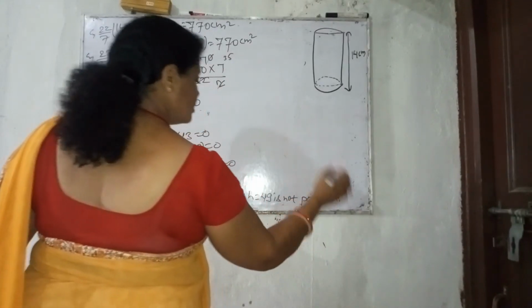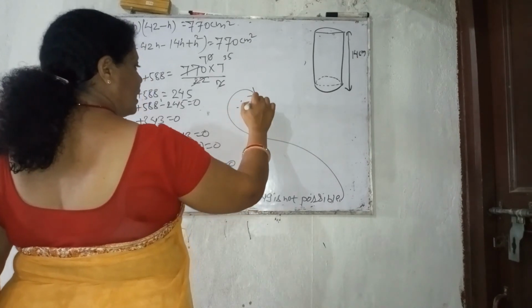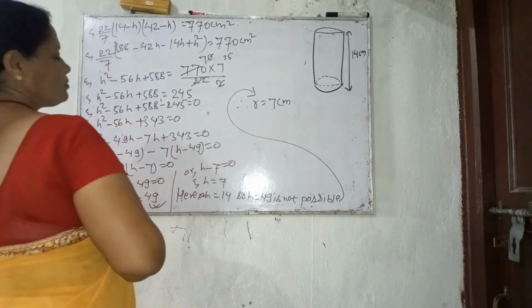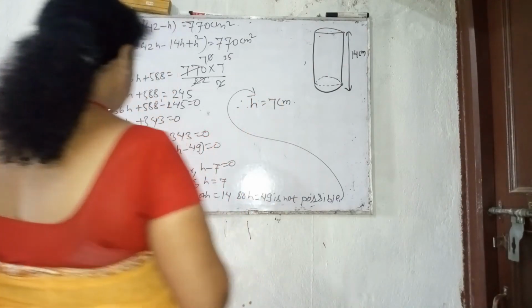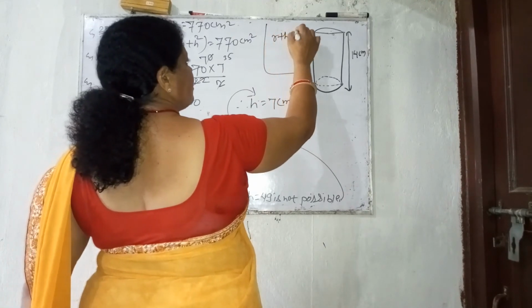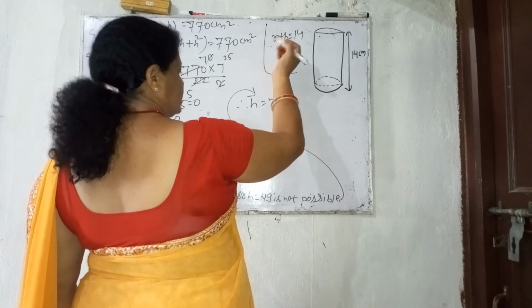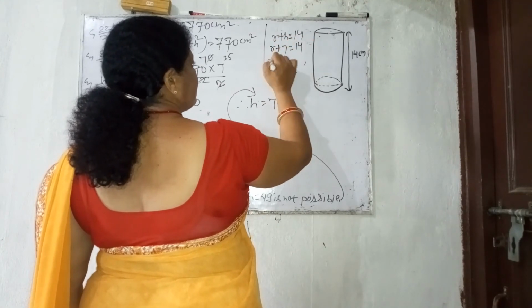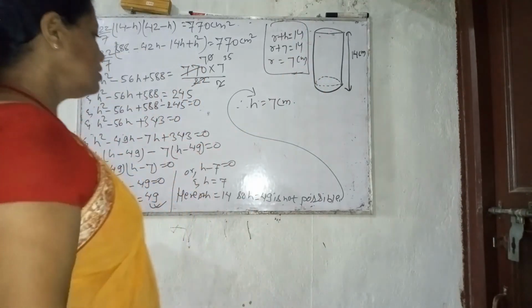Therefore h equals only 7 centimeter, and we had r plus h equal to 14. So r plus 7 equals 14, so r equals also 7 centimeter. This we should write in a box.